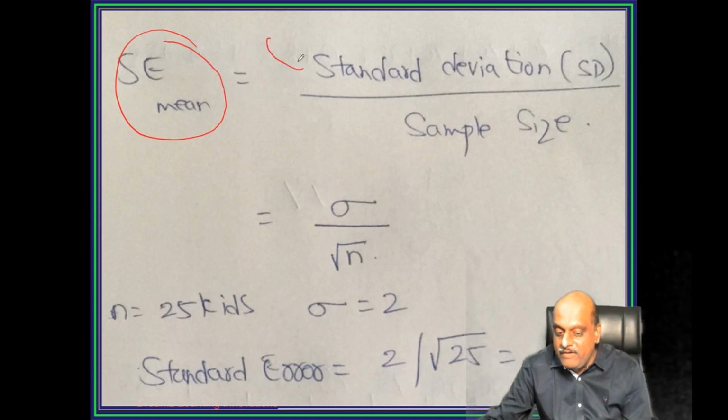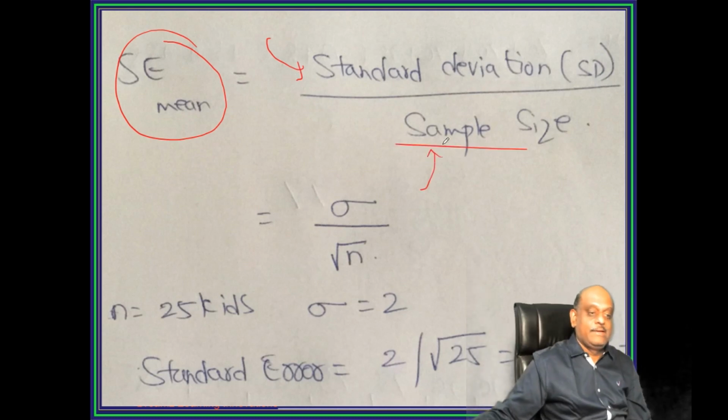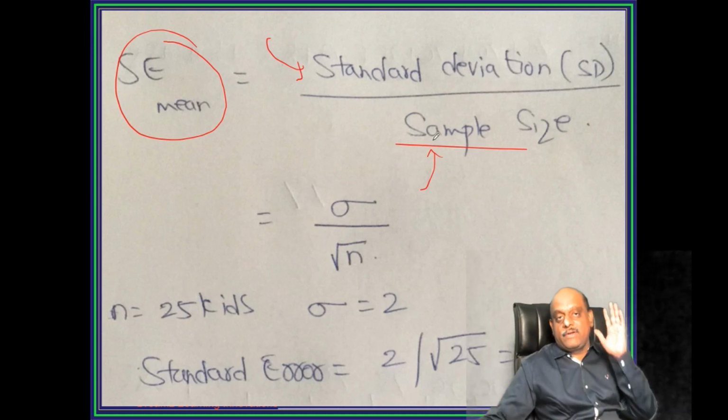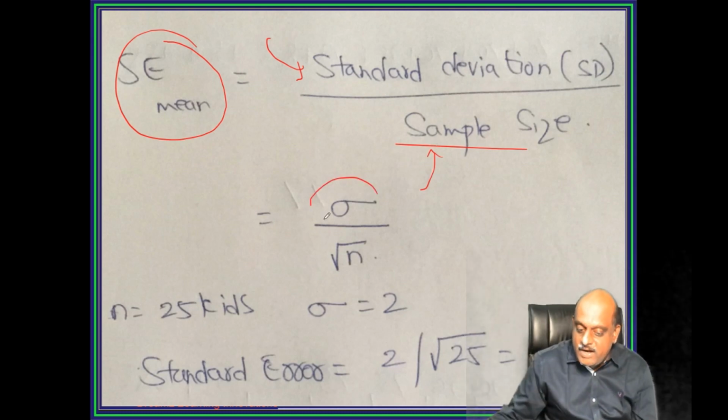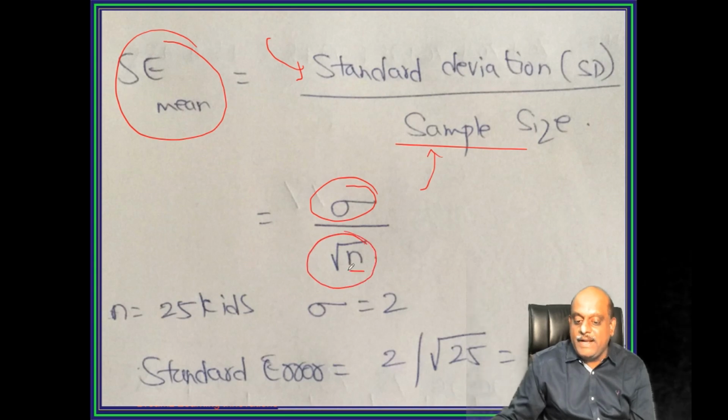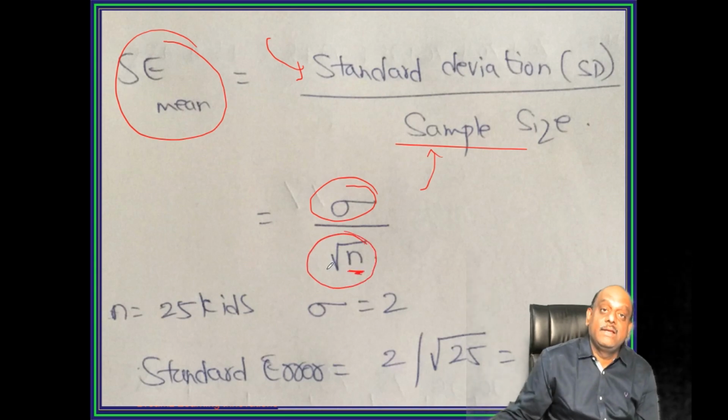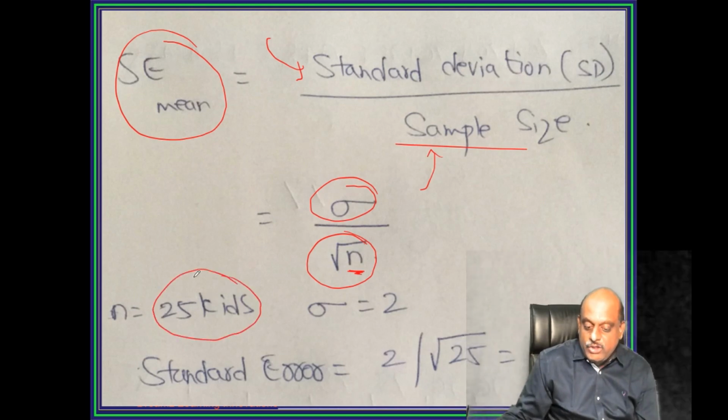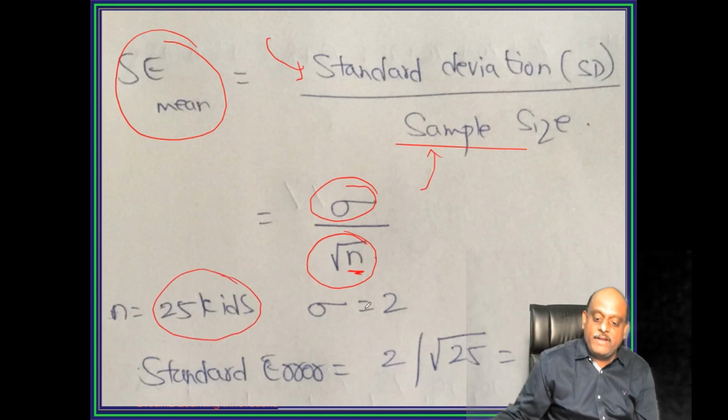The standard deviation divided by the square root of n, where n is the sample size, will give you standard error of mean. यहाँ कितने बच्चे हैं? 25 kids. So square root of 25.